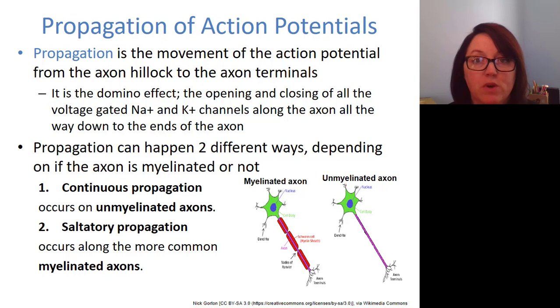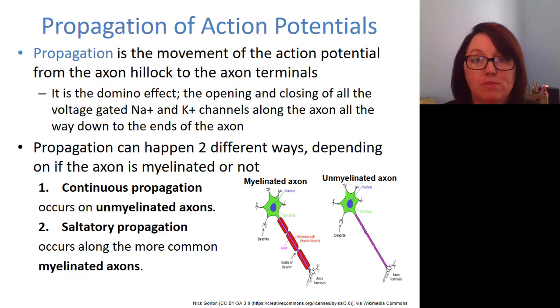Continuous propagation is what occurs along an unmyelinated axon, and it's not very common because unmyelinated axons are not very common. Most of the propagation that occurs in the human body occurs through saltatory propagation because this is the type of propagation that occurs on the more common myelinated axon types.